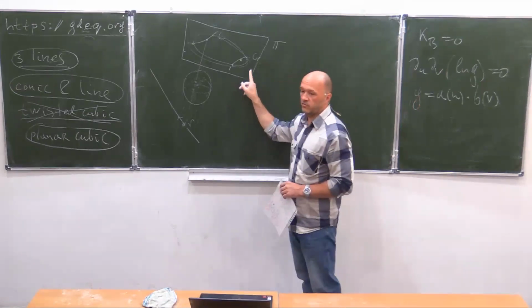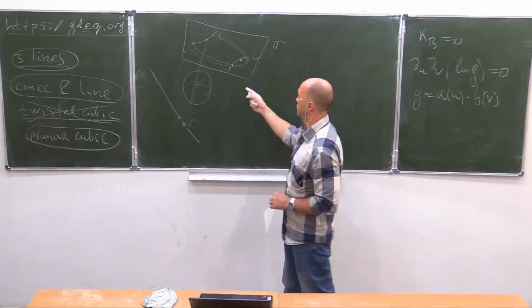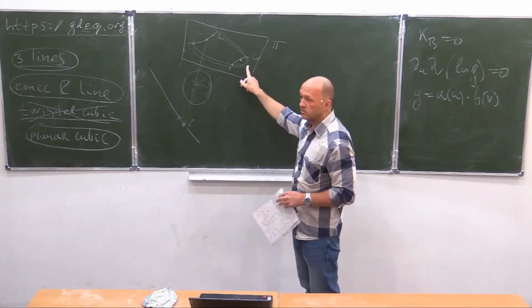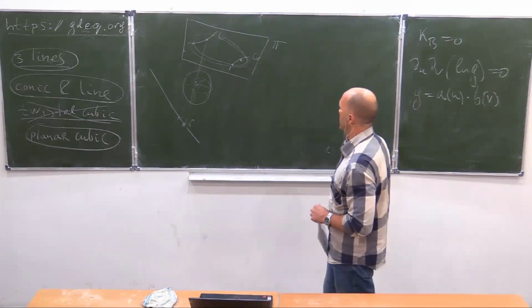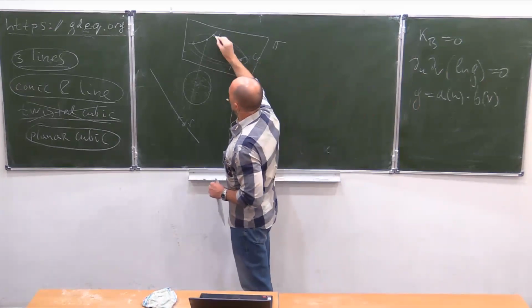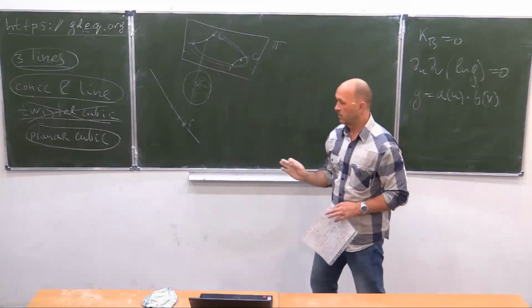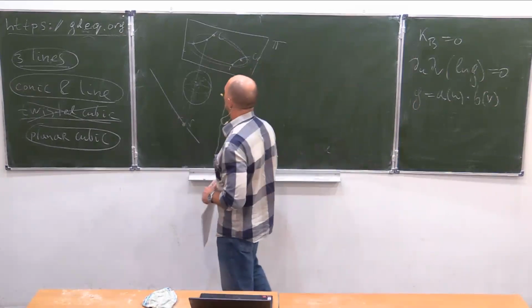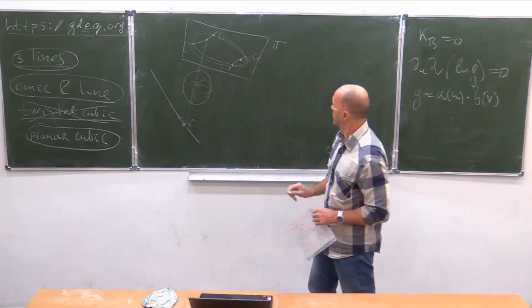You can check for each possible configuration if this web is hexagonal or not. Then, in the case when at least one of these points is moving, when you move the point R along the line, then what will happen?